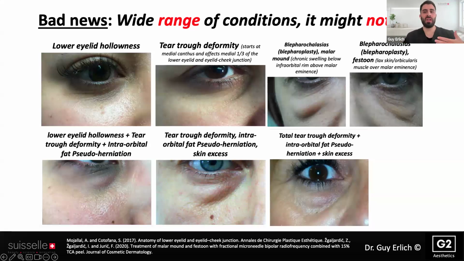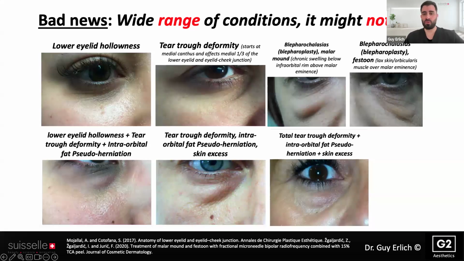We also cannot really know why there is a tear trough defect, because some experience atrophy, some pseudoherniation. So there are so many different conditions and we cannot diagnose it so easily in our patient. And another bad news is that it might not help.